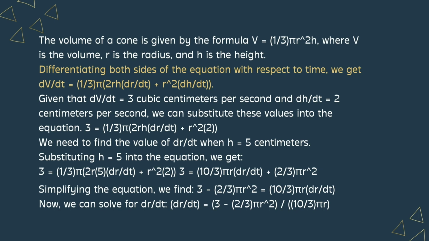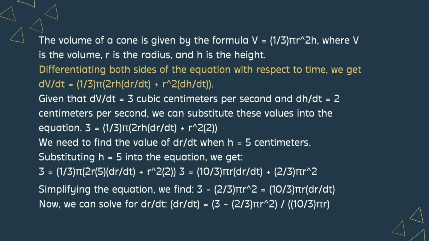Substituting h is equal to 5 into the equation, we get 3 is equal to 1/3 pi times 2r times 5 dr over dt plus r squared times 2, which is 3 is equal to 10 over 3 pi r dr over dt plus 2 over 3 pi r squared. Simplifying the equation, we find 3 minus 2/3 pi r squared is equal to 10 over 3 pi r dr over dt.